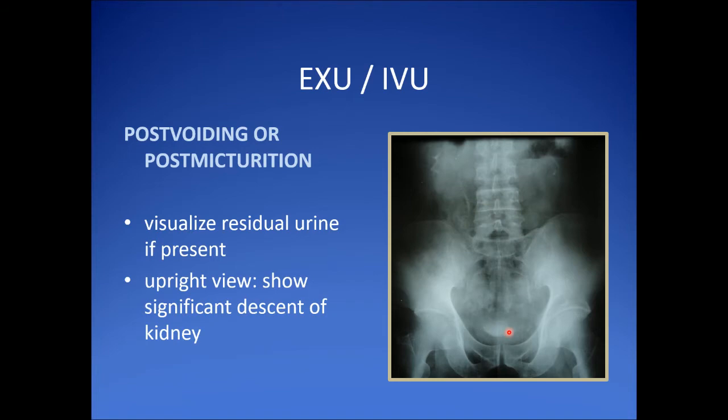This particular phase is taken on an upright projection in order for us to know whether there is nephroptosis or any abnormal descent of the kidney. It is abnormal if the descent is more than one vertebral body.